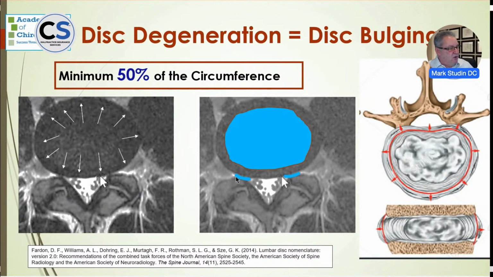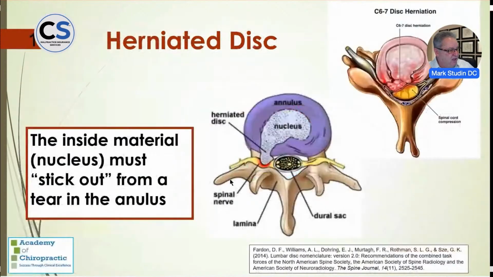Equally, they're usually closed in. But what occurs is the disc is wearing thin, like sandpaper on wood, and the disc walls collapse. So nothing is sticking out here. It's pretty much uniform all the way around, and it's a minimum of 50%.